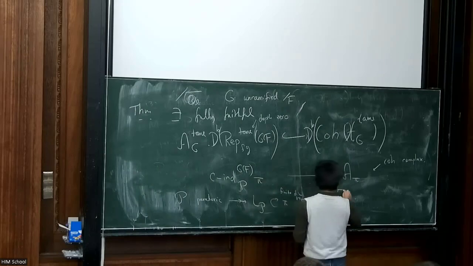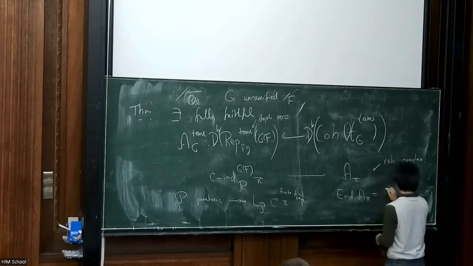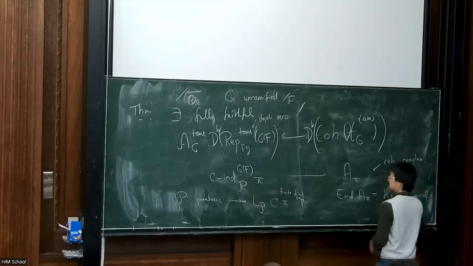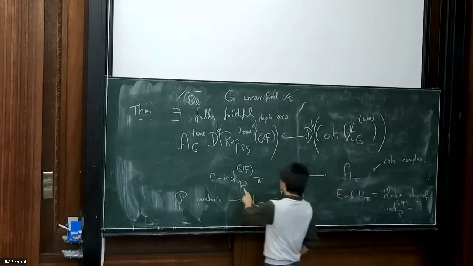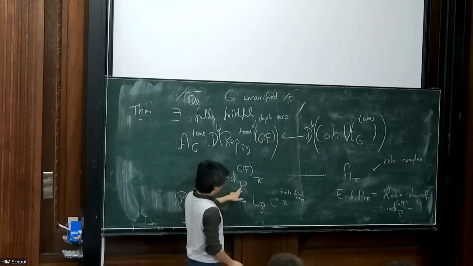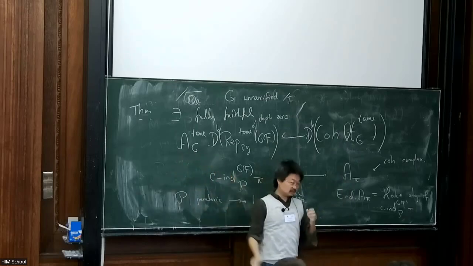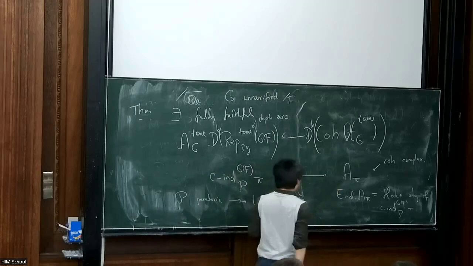So the corollary is that the endomorphism of this object will be just the Hecke algebra. Of course, when P is G(O) and pi is the trivial representation, this is what you expect, the structure sheaf of the unramified part.